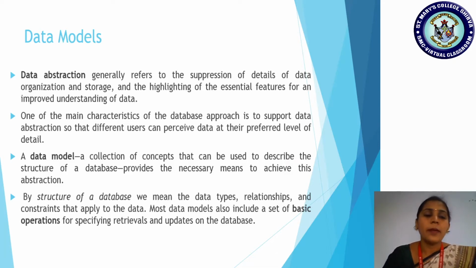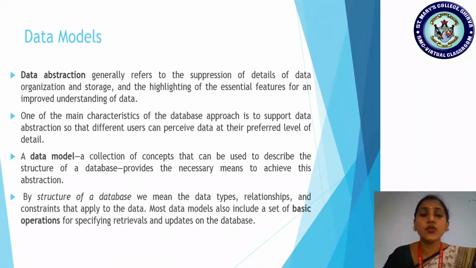By the structure of a database we mean the data types, the relationships and constraints that apply to the data. If you are defining a student database file, which data types are we defining to hold the student data, and what relationship does the student table have with another one?